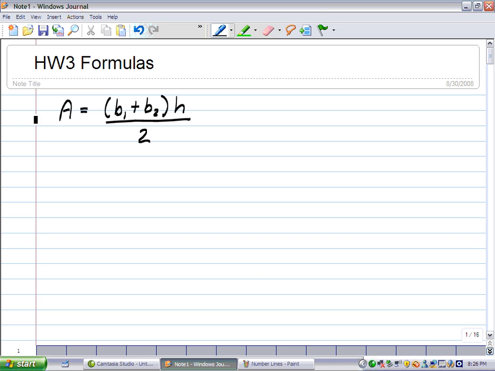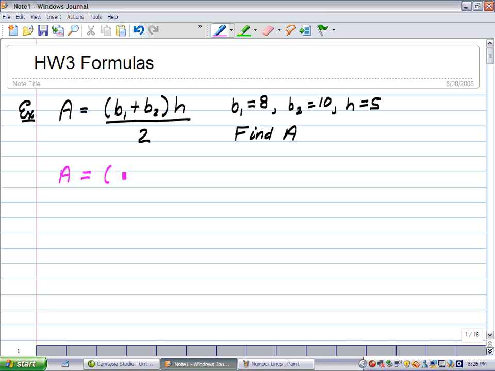Okay, to make this a proper example, we now need to give you some values. So let's suppose we know that base 1 is 8, we know that base 2 is 10, and we know that the height is 5. We want to find the A, the area. So what we're going to do is replace each of the known quantities in for the variable that represented it.